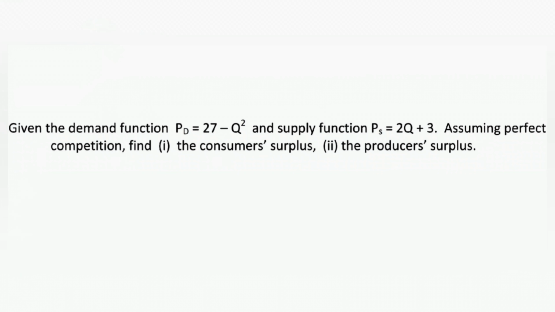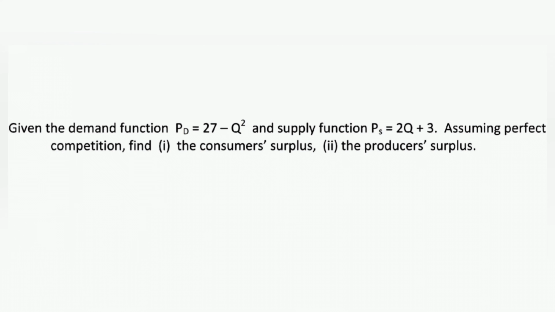In this question, demand and supply functions are given, and we are asked to calculate consumer surplus and producer surplus. Note that the demand function given here is not linear. So let's see how consumer surplus can be calculated for a non-linear demand function.